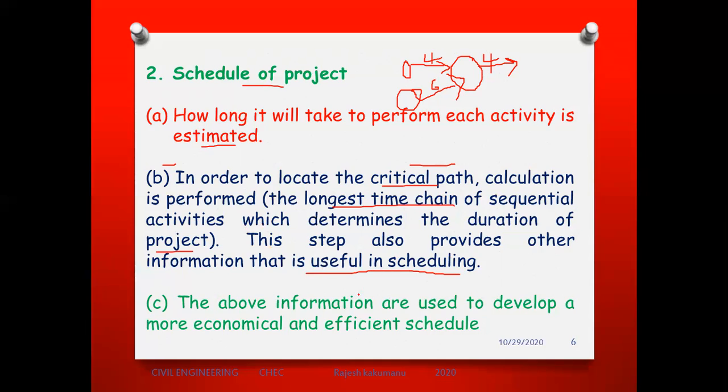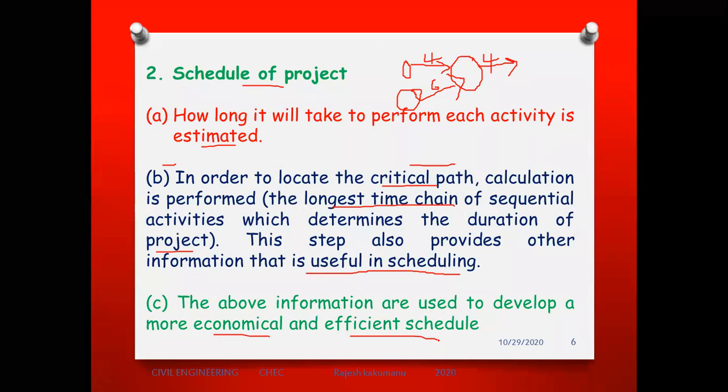Next, the above information is used to develop a more economical and efficient schedule. So once you draw the network diagram with arrows and activities, put the time schedules, and find the longest path, the above information is used to develop what? A more economical and efficient schedule, right? So this is very important whenever you are drawing the figure.